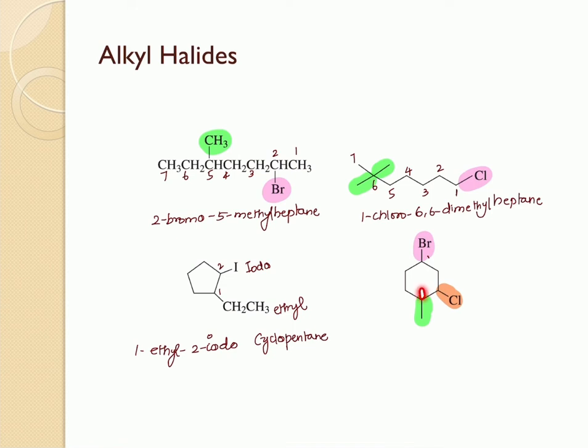In that way, the second substituent and the third substituent are reached with the shortest distance. So the name for this molecule is going to be 4-bromo-2-chloro-1-methylcyclohexane. You want to choose any one of these as position 1.